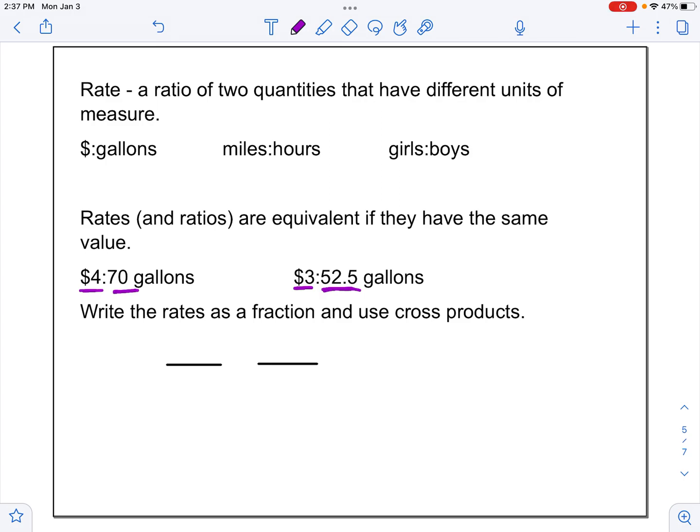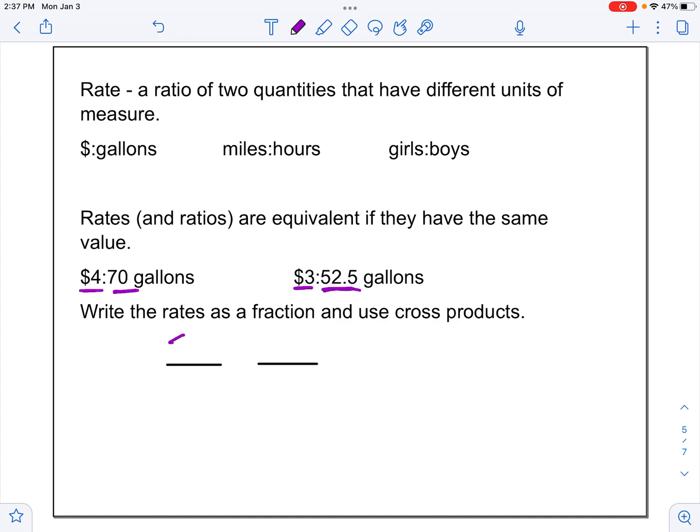They're already written in one of the forms, but I'm going to write them as a fraction because I want to see if they're equal to each other. It's like you want to know which one's the better deal. You're looking at these gas stations across the street from each other, and you have no idea which one's going to be the better deal. So you can see which one is greater or less by writing them as a ratio or a fraction.